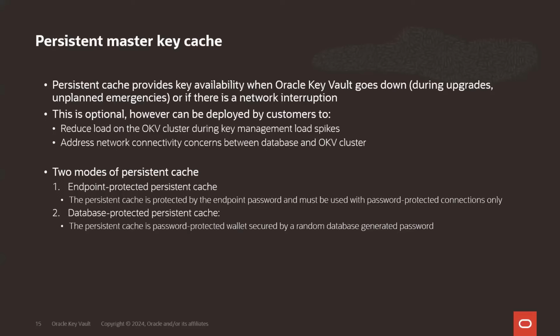What we are suggesting our customers do is to shorten the persistent cache expiration time down to 4 hours, but make the persistent cache refresh window crazy long. Say 14 days, 21 days. We had a customer recently who had encrypted databases in a data center in South Africa, and the Key Vault cluster was in London.